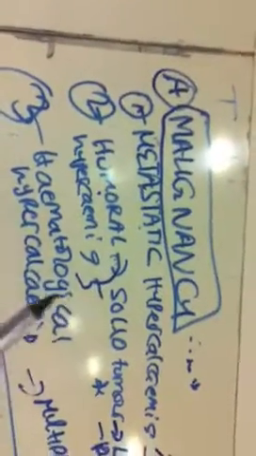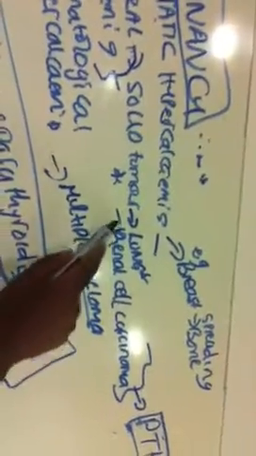These are due to solid tumors secreting hormones like PTHrP, that is parathyroid hormone-related peptide. These are commonly secreted by tumors such as lung tumors and renal cancer. This tumor secretes parathyroid hormone-related peptide, which acts like PTH.